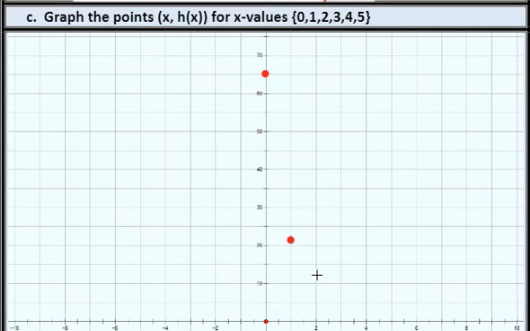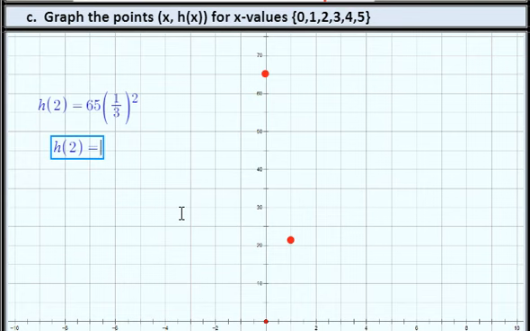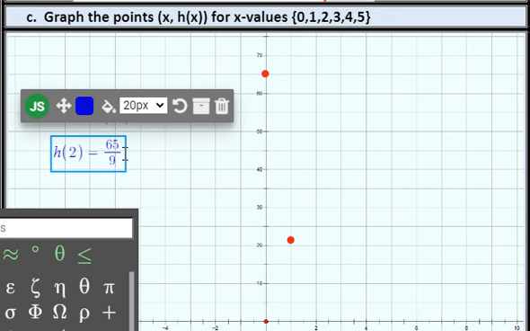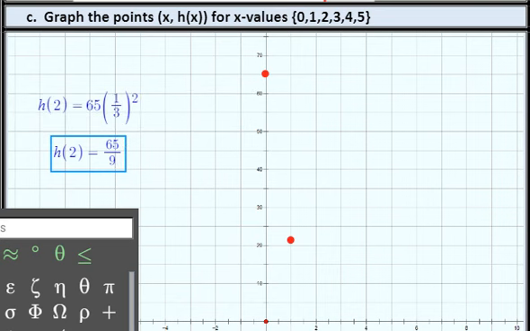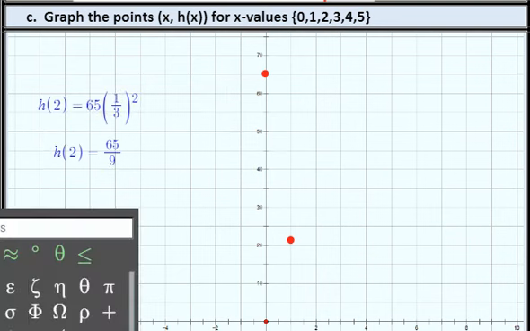Now, we need to do 2, and we haven't calculated 2 yet. So when I plug in 2 to my function, I get 65 times 1/3 squared, which is 1 over 9. So I really get 65 divided by 9. Now, 65 divided by 9 doesn't give me a nice number, but it does give me something I can work with, because 9 times 7 is 63. So I know that my answer is something just over 63.